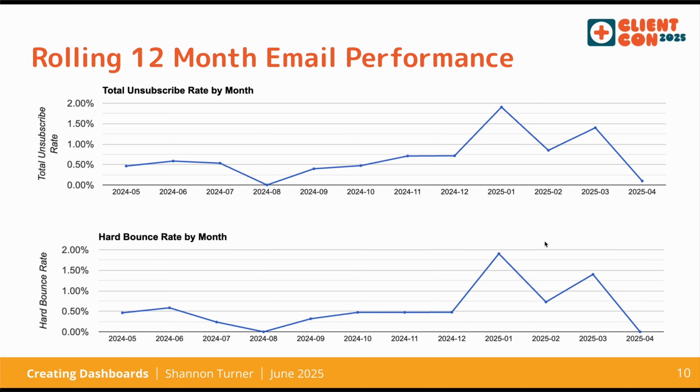And if you scroll down a little bit in the rolling 12-month email performance report, you can also see click rates and action rates and unsubscribe rates, spam complaint rates, and hard bounces over the last 12 months, all of those being super helpful to spot any new trends or something that might be surprising or different.